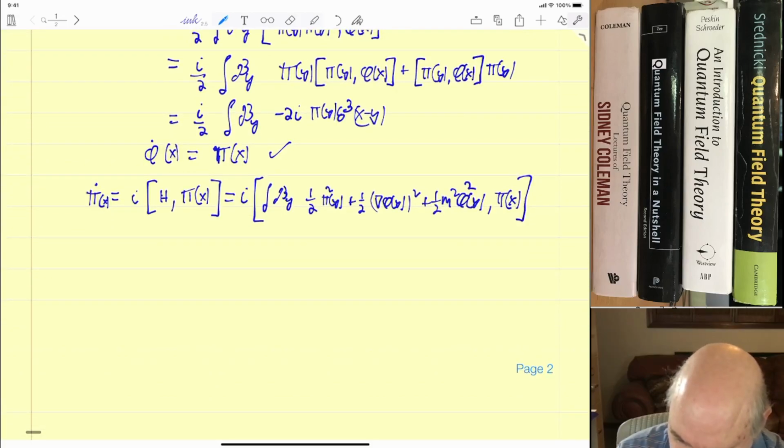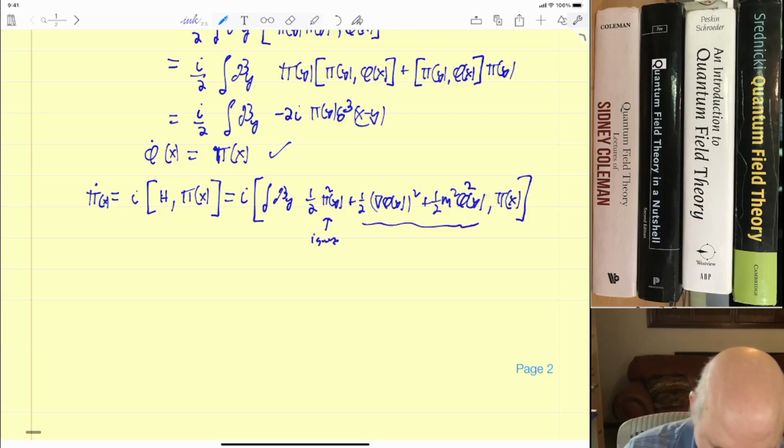Now we have to treat these terms. This term we can ignore, but we have to do these two terms. Okay. Also, since we have pi of x is phi dot of x, pi dot is phi double dot of x, we might as well do that substitution.